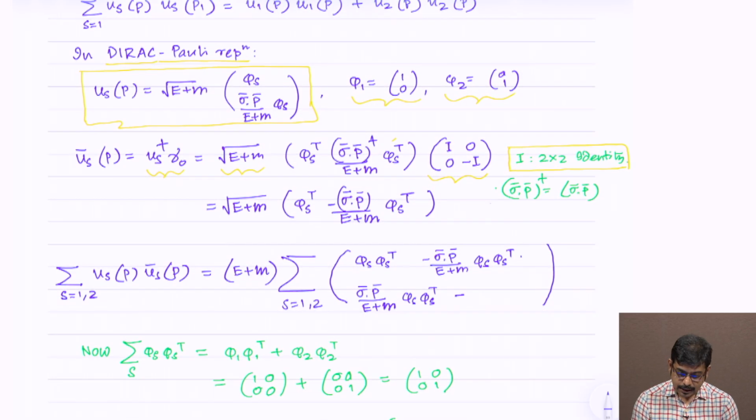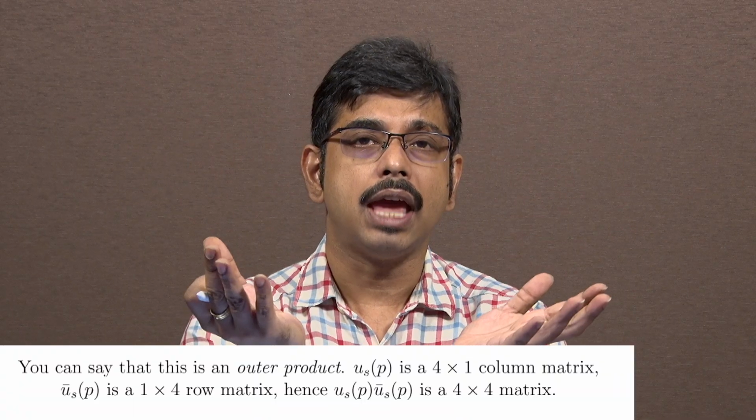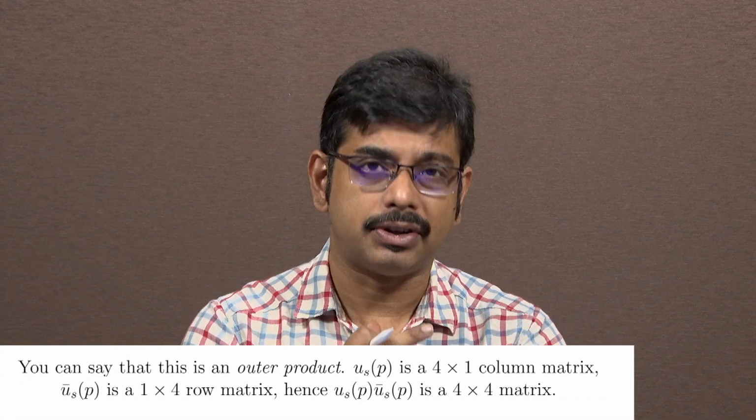Now, you see that U_s(P) is a column matrix, whereas U_s bar(P) is a row matrix. So, basically, when you multiply them, it is going to give you a square matrix, right?